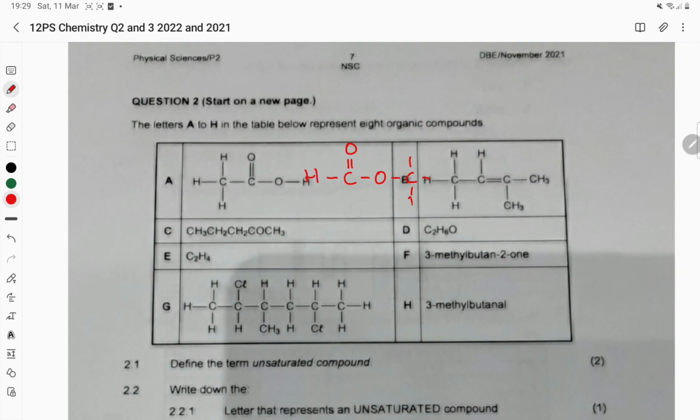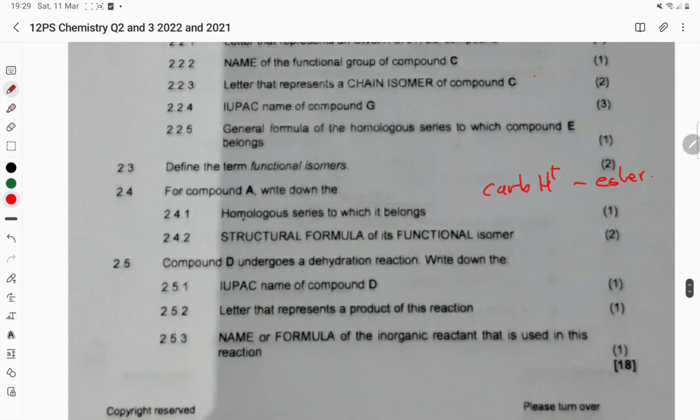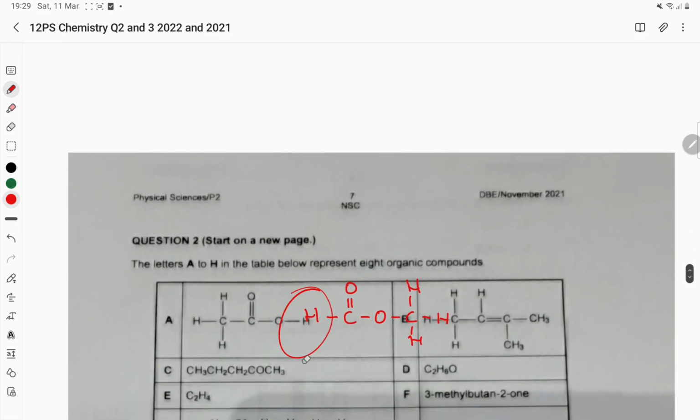So if we end up with an H like this, there we go, that works. So that is methyl methanoate. Easy. I think they're trying to trick you because of that hydrogen there.